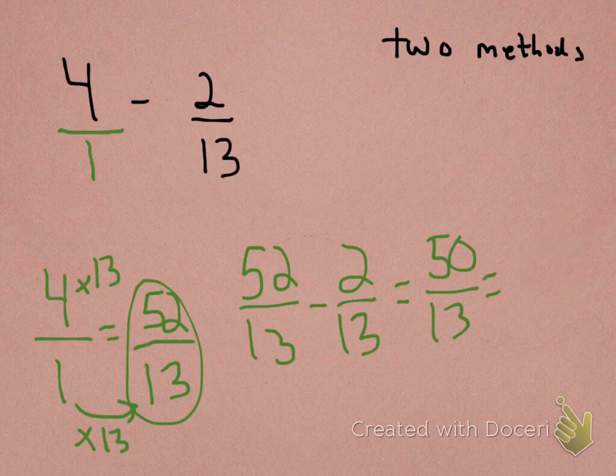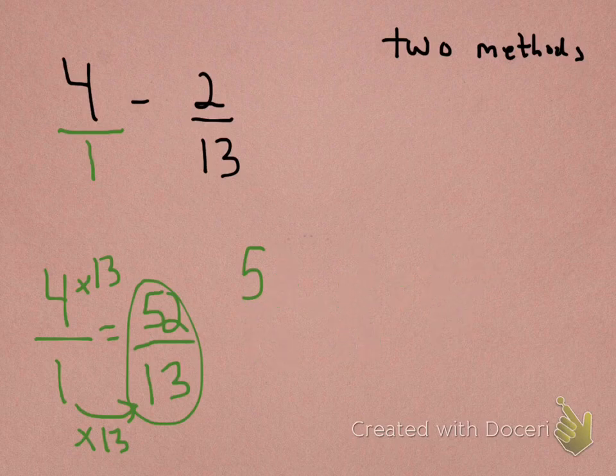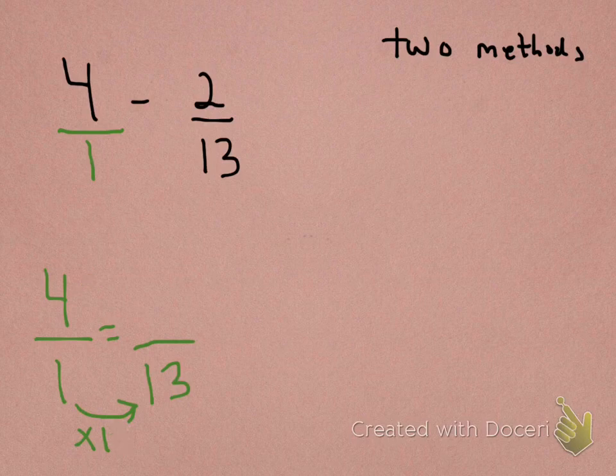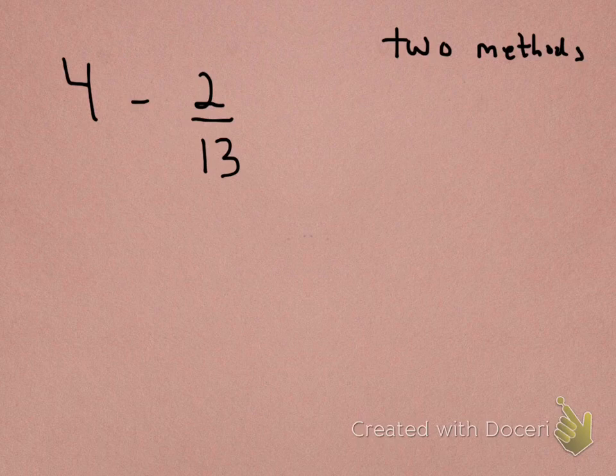Pause and write this down if you haven't already from previous notes, because I want to show you the other method, which is a bit of a shortcut, but again, pick whichever method works best for you. Now, I'm just going to rewrite 4. 4 is our whole number, okay? But 4 can be rewritten like this, and I want to see if you can catch what I'm doing here. 4 is the same as 3 and 13 thirteenths.